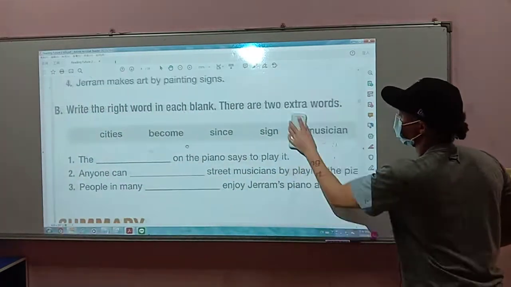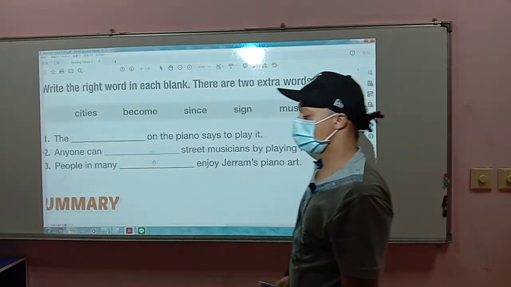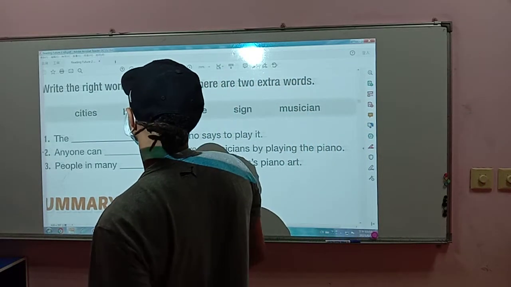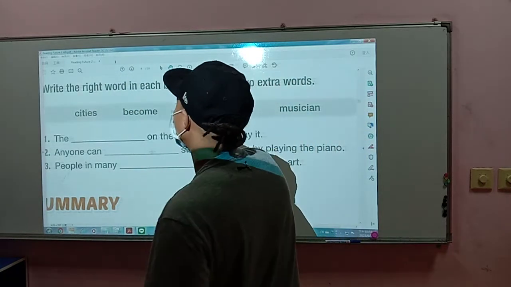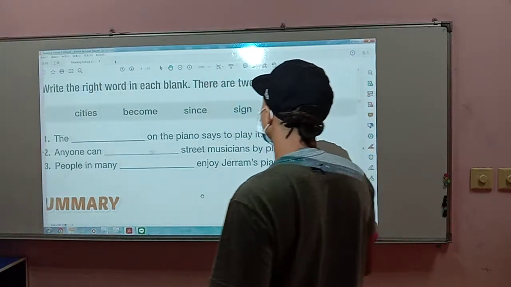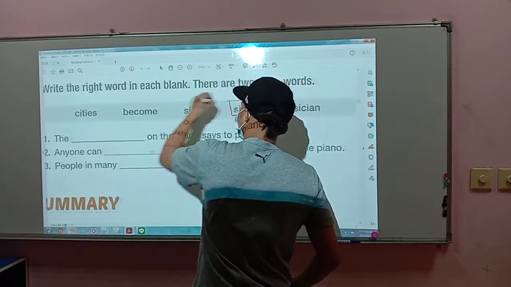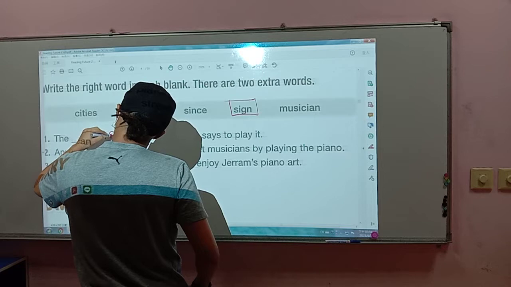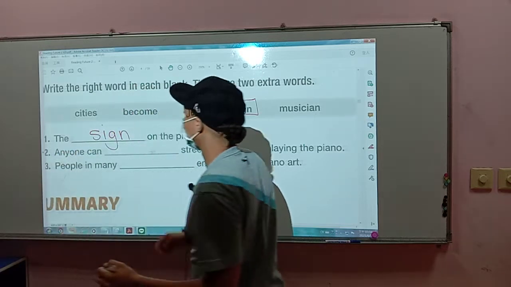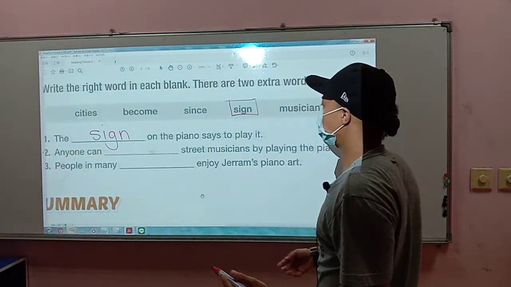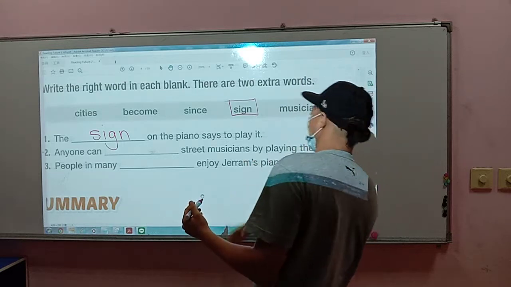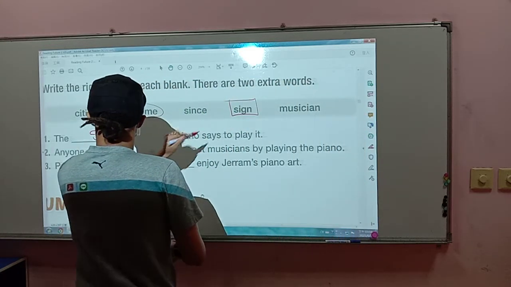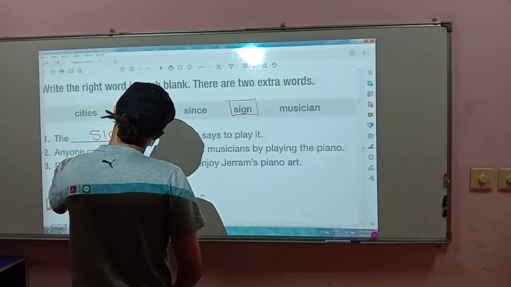Okay. Let's do the last couple of sentences here. So it says, the sign on the piano says, play it. Anyone can become street musicians by playing the piano.